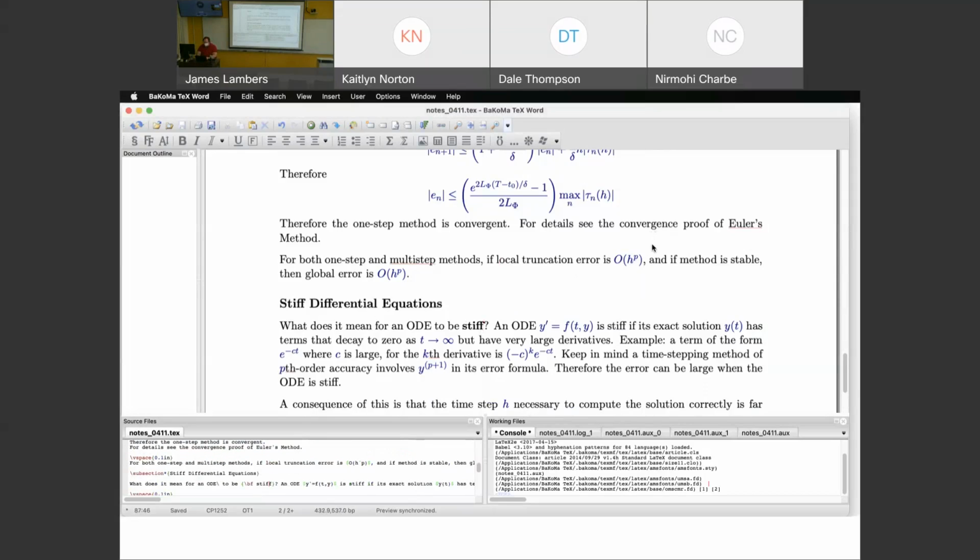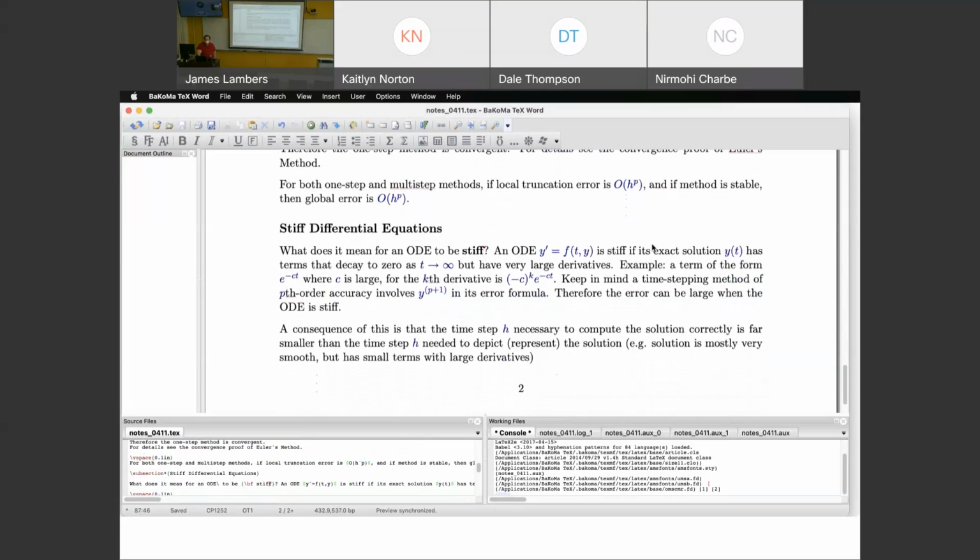Now, the concept of stiffness. This creates quite a challenge for numerical methods for ODEs, and therefore PDEs that rely on these methods. I've actually seen different definitions of stiff. But one way to describe a stiff problem is this.